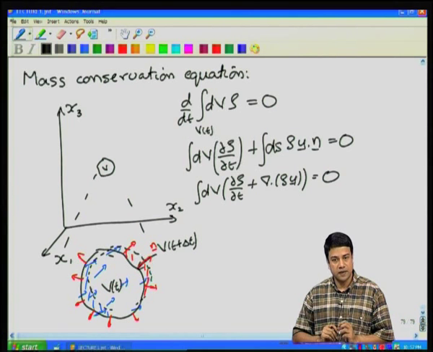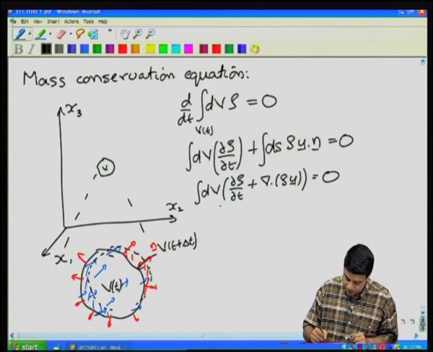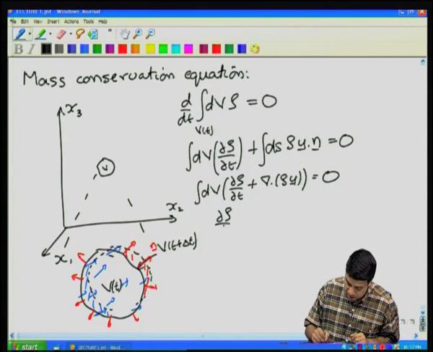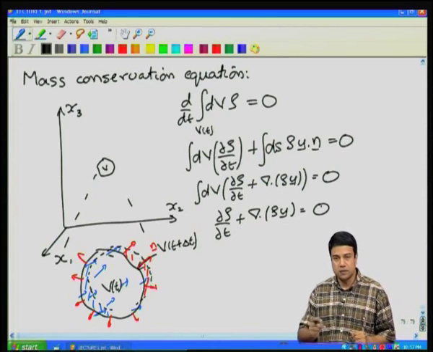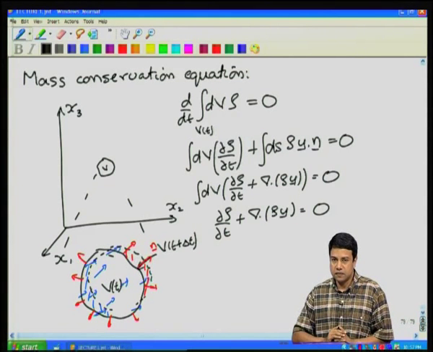In fact, even if I shrink this volume to a point, in the limit as delta V goes to 0, this condition is still satisfied. That means that it has to be satisfied at each point within the fluid. So, the mass conservation equation becomes partial rho by partial t plus del dot rho u is equal to 0. That is the fluid mass conservation equation.